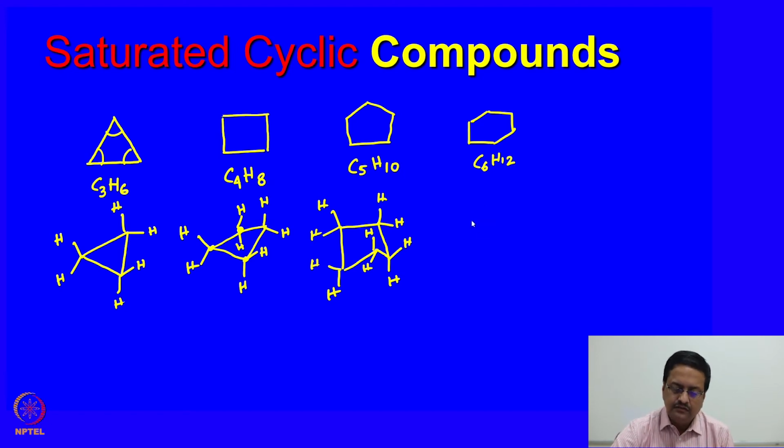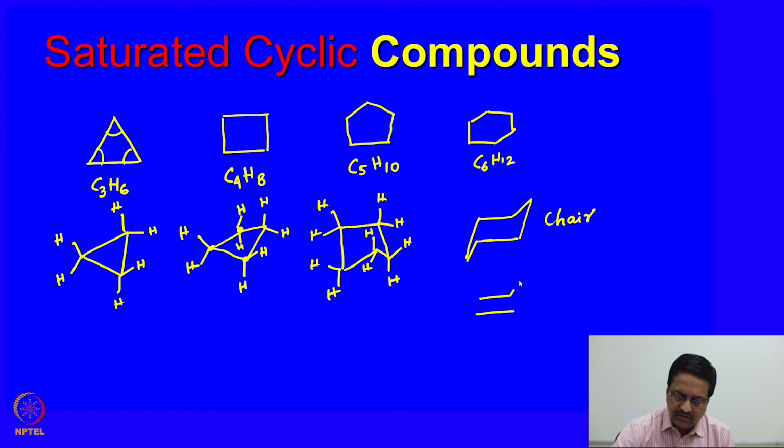This molecule has a conformation which is like this, which is called a chair conformation, and the other conformer is called a boat conformation, which is this one. There are other intermediate conformations which we will discuss very soon.